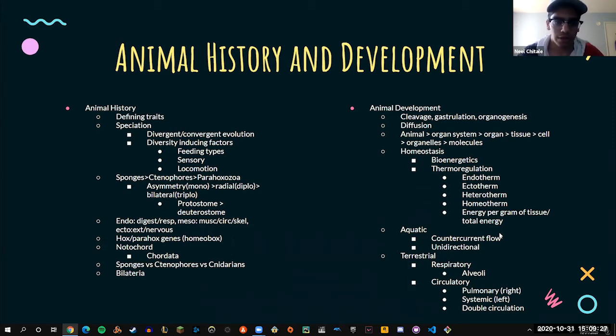And so when we're talking about how animals become more diverse over time, we have to think about different factors of diversity, and different types of evolution. The first thing I have here is divergent and convergent evolution.